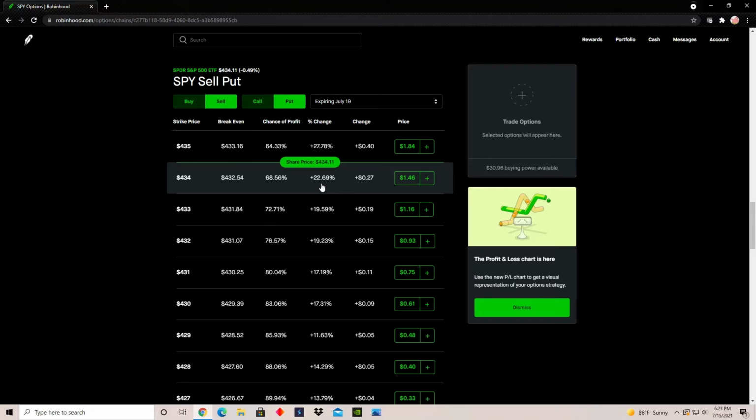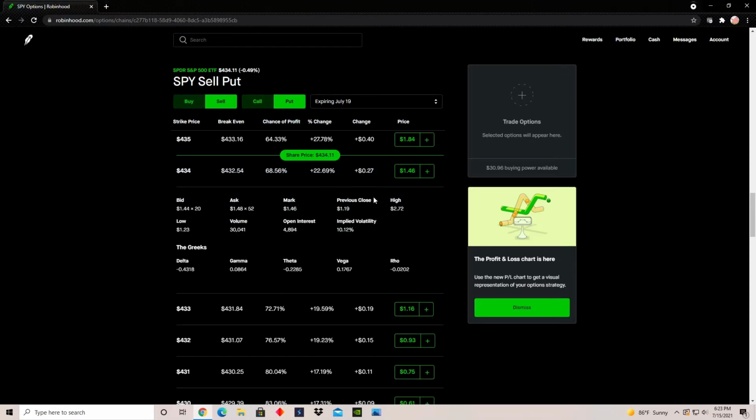When you're dealing with options contracts, you're always dealing with 100 shares of the company. So whatever this value is, you multiply it by 100, and that's the premium you receive when you sell this put. Since this is $1.46, if you sold this options contract, you would receive $146.